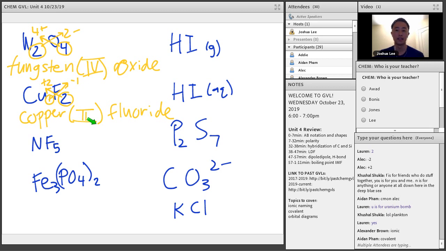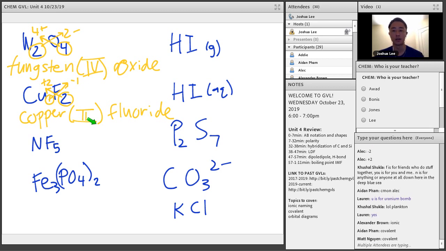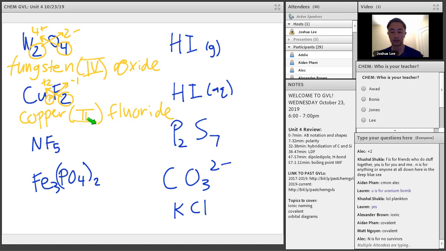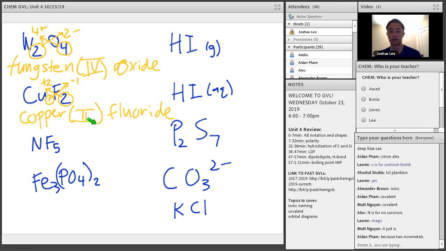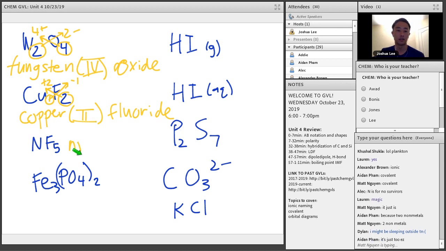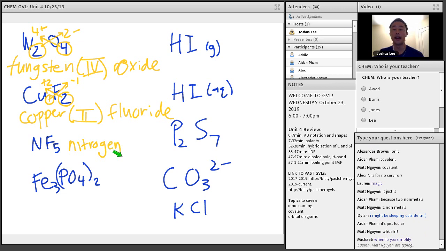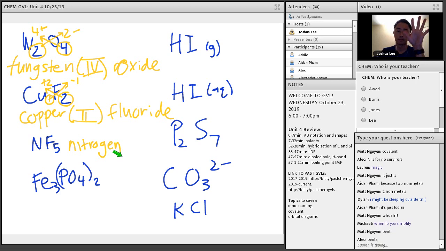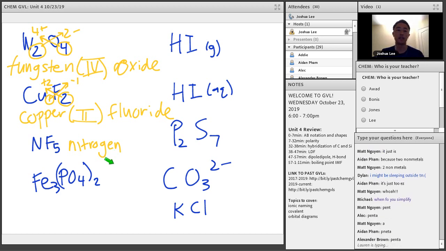Covalent. Why do you know it's covalent? Two nonmetals. Good. So then we go about naming it like nonmetals. So N is nitrogen. Then what's the prefix for 5? Penta. So it'll be nitrogen pentafluoride.